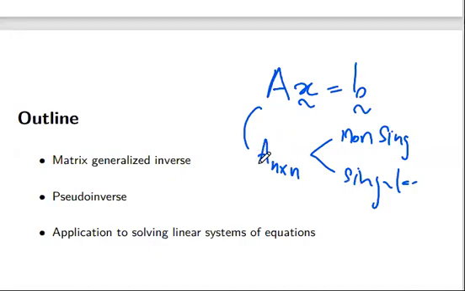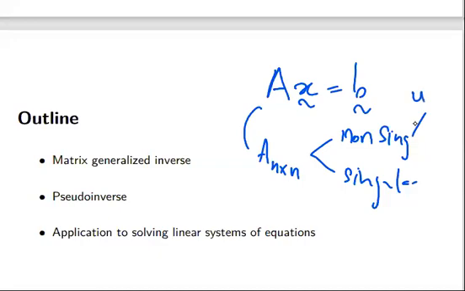If A is a square matrix and non-singular, then we know how to find the solution. If this is non-singular, there is only one solution to this linear system, a unique solution.